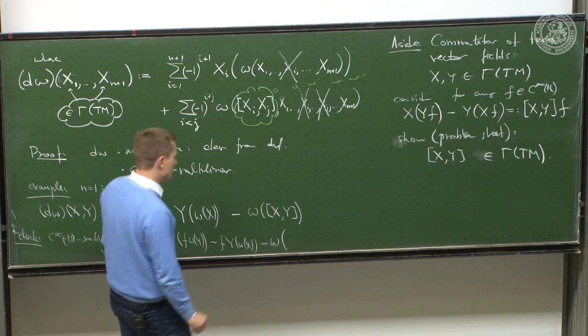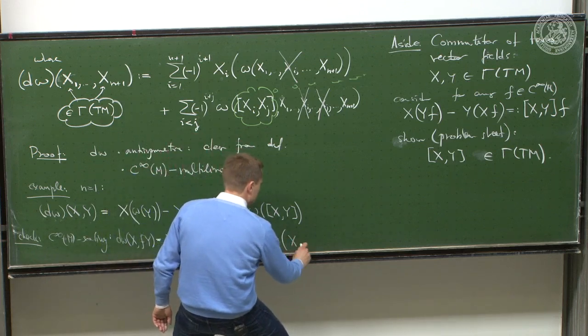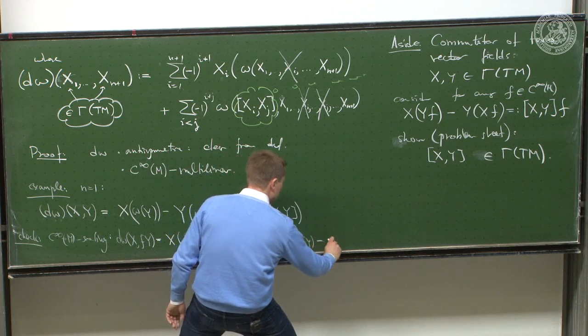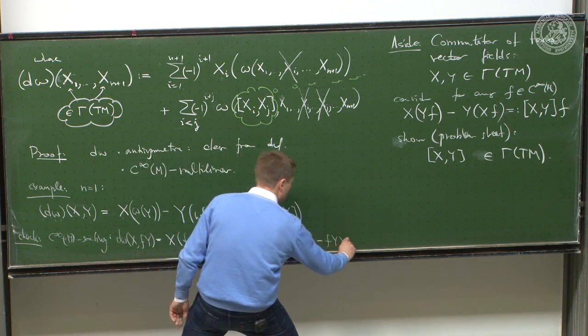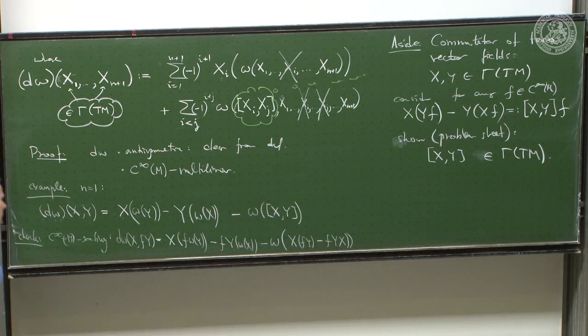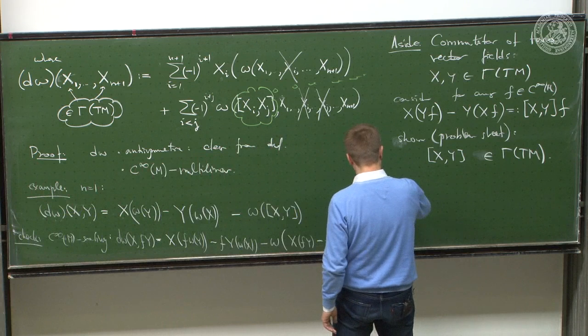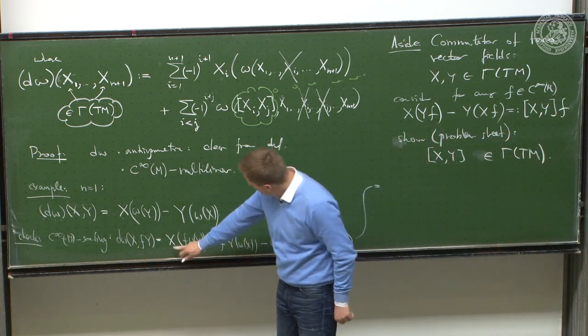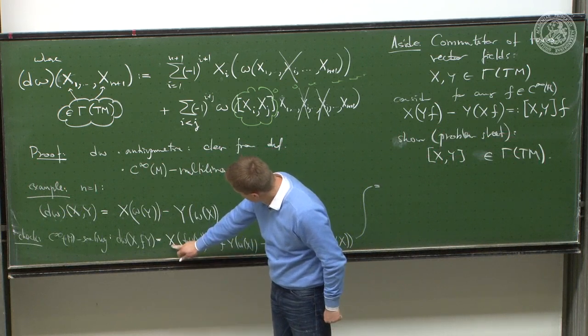So how does that look like? Well, that's an X acting on fY minus fY acting on X. This finishes like this. So we go up here, equals. Aha. So now the X is a vector field.